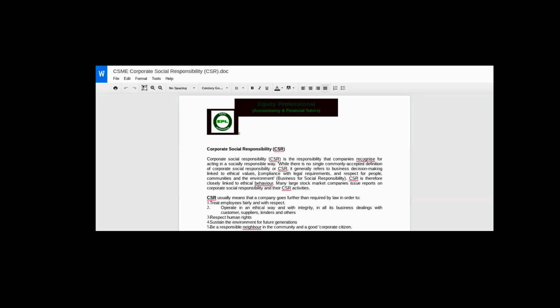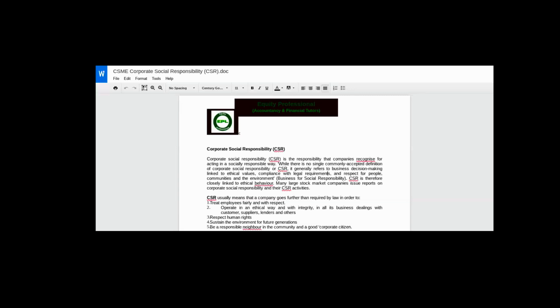Secondly, with legal requirements, CSR is done in a way to show greater compliance and commitment to socio-economic development and environmental sustainability.